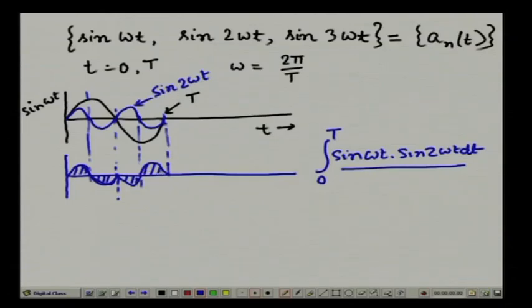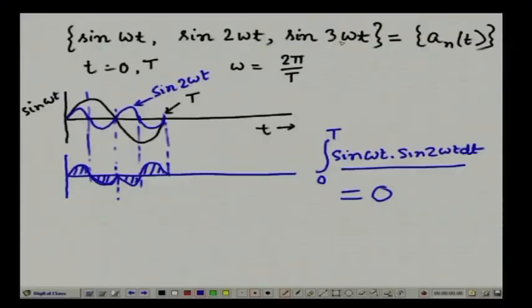And if you take this area, you will find that the positive half will be cancelled by the negative half, and this product will come out to be 0. This integration will come out to be 0. Similar is the case if I multiply sin omega t with sin 3 omega t and take the integration.